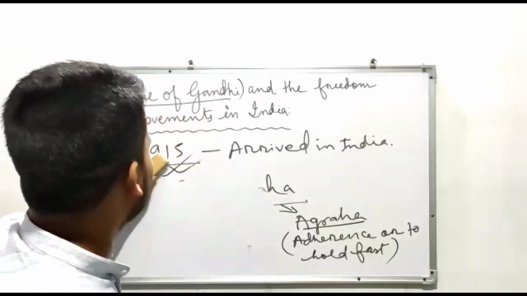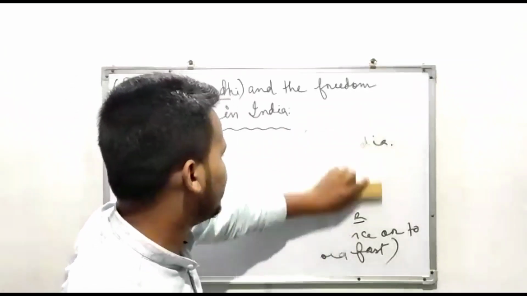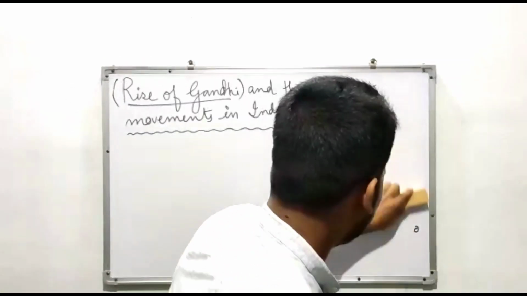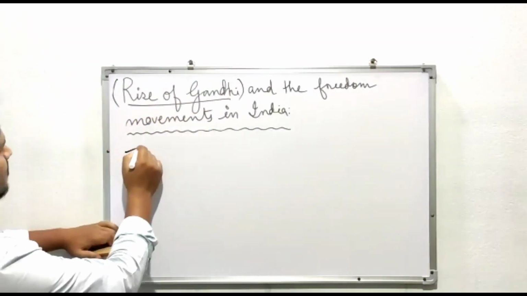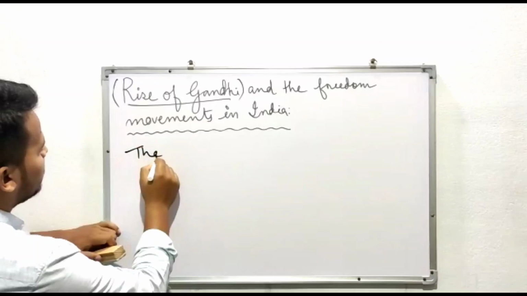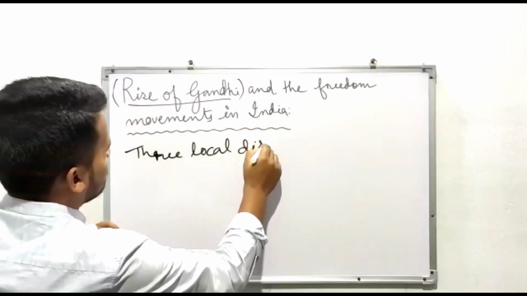Next, Mahatma Gandhi, when he arrived in India in the year 1915, came to know about three local disputes.